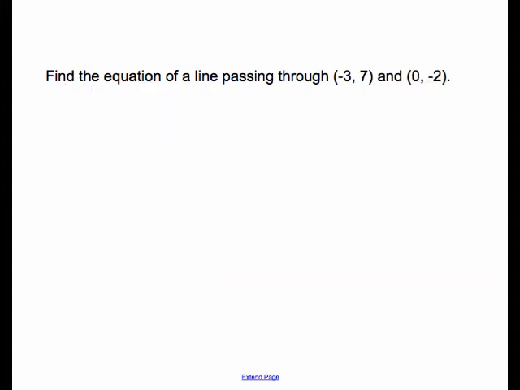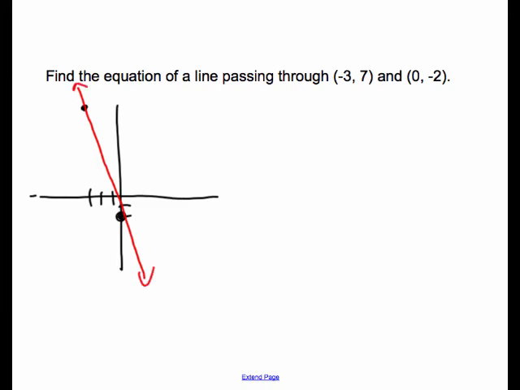Alright, another question. This time we have 2 points, negative 3, 7, and 0, negative 2. So our line looks something like this. This time we know 2 specific points on the line.